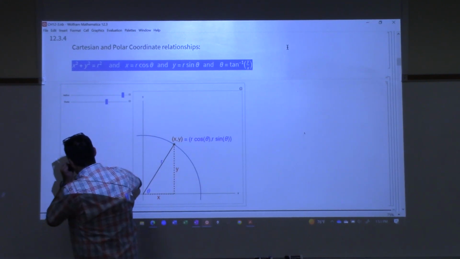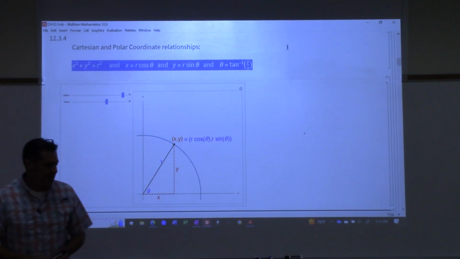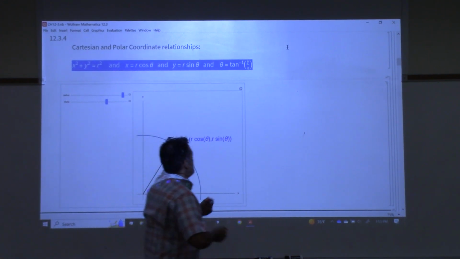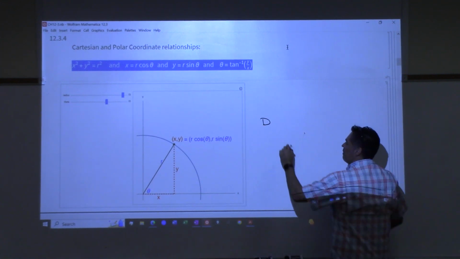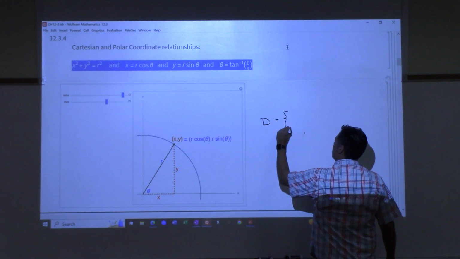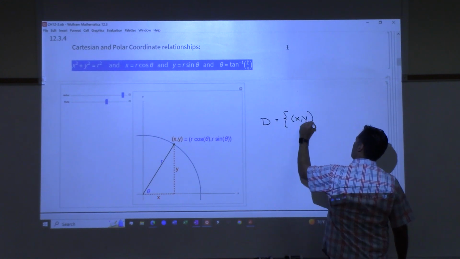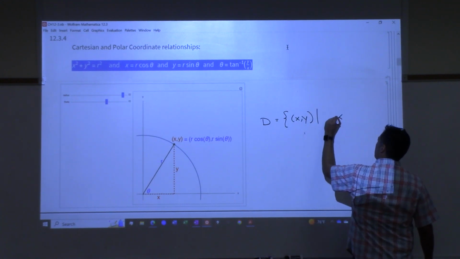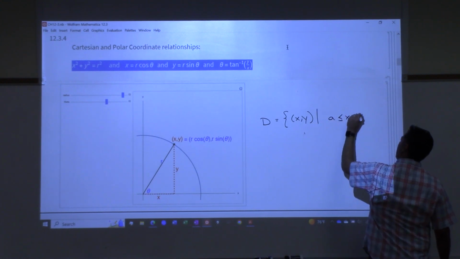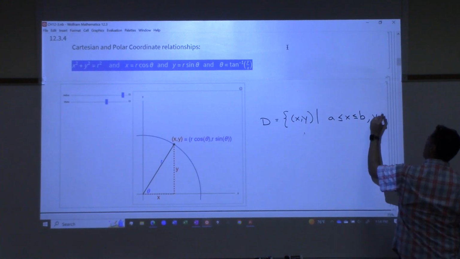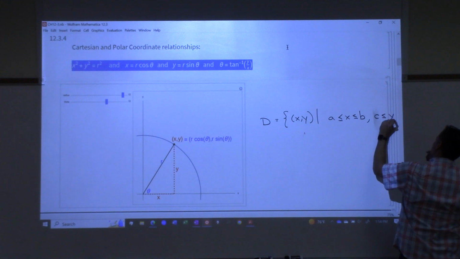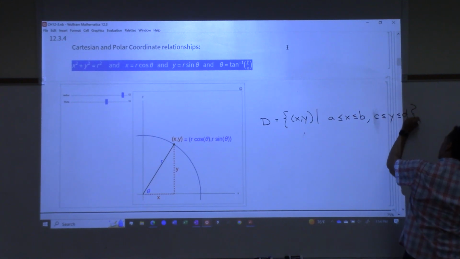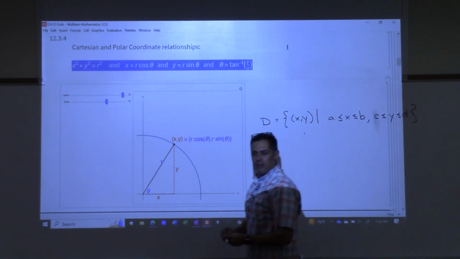So, let's say I tell you that I want us to do a double integral in the domain on the ground. If I tell you that domain is the set of all x and y's such that x is between a and b and y is between c and d, what does that look like?